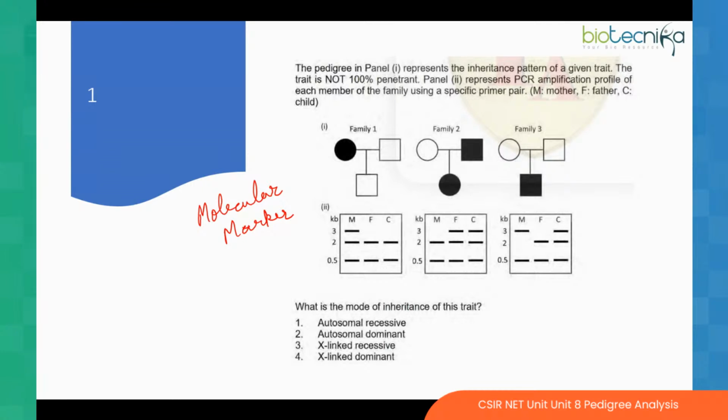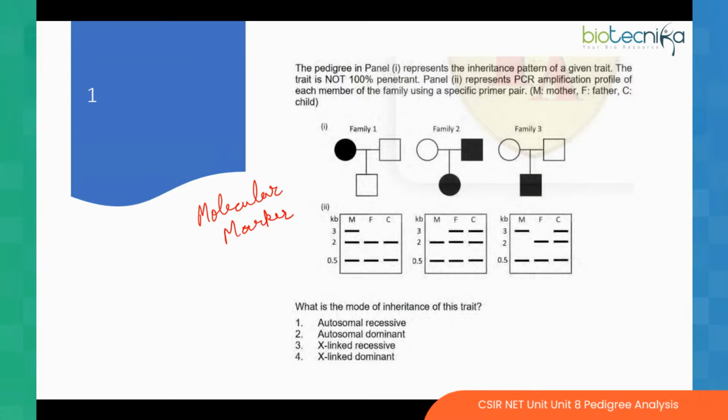Anyone? Did you solve? Navraja, are you there? Would you like to answer this question? Let's see this question here.